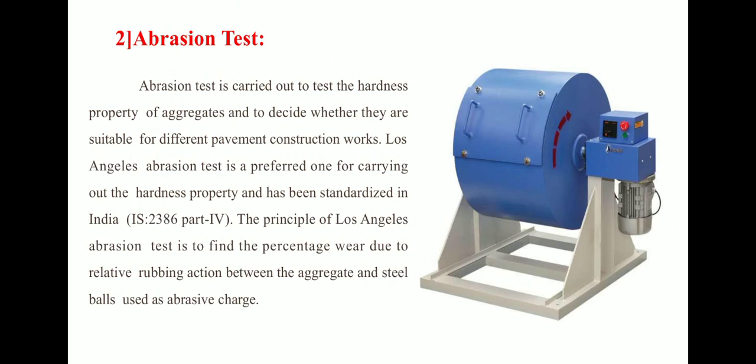Okay, the detailed procedure we are going to study in the practicals. Now, simply you should know what these tests are, where they are conducted, and what the simple procedure is. You should know this, and for that we are dealing with these topics. Otherwise, in detail we are going to perform this in the lab.